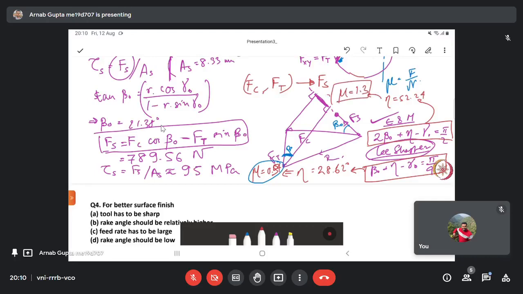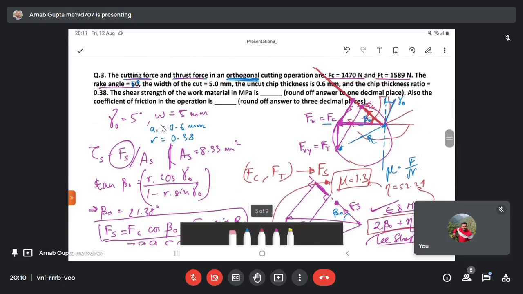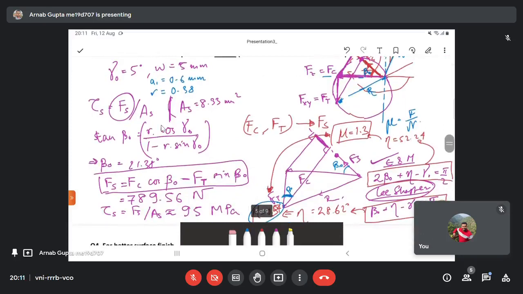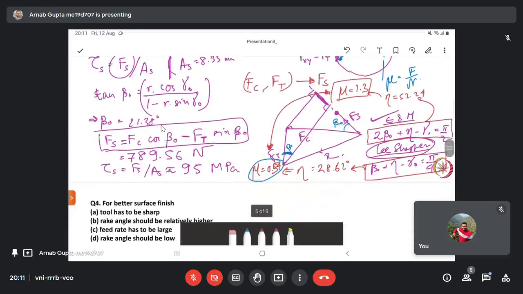So you see a deviation here. These two answers are not close. So generally we follow Lee-Shaffer's expression, but since in this question it's not mentioned explicitly, you can write that, taking into account Lee-Shaffer's expression or assumption, you are using this particular formula and you are arriving at this value, or the other way around. If you're using Ernst and Merchant's formula, then you can proceed accordingly and mention that.